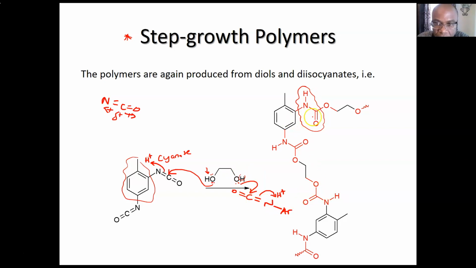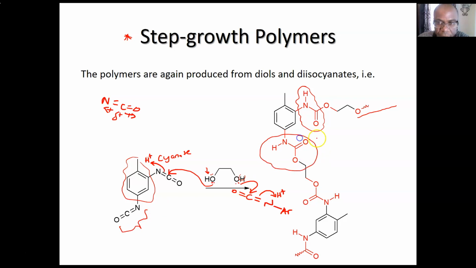So doing so, you get another monomer attached to this end, or it could be an attack of another diol onto this cyanate.